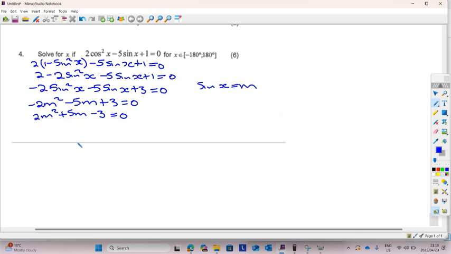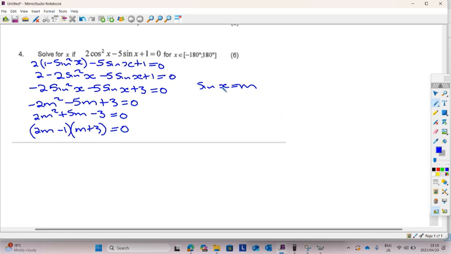Solving this equation, what do we have? We are going to have 2m minus 1 in one bracket, and the second bracket will be m plus 3, and that is equal to 0.